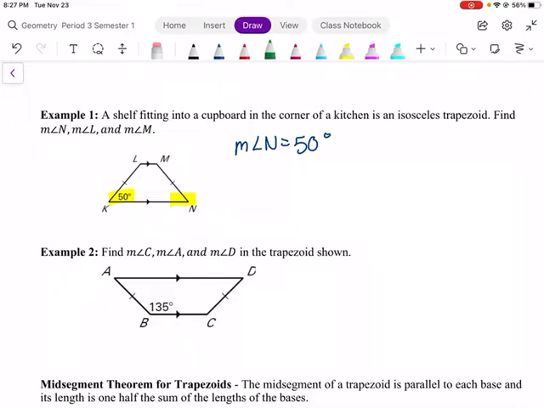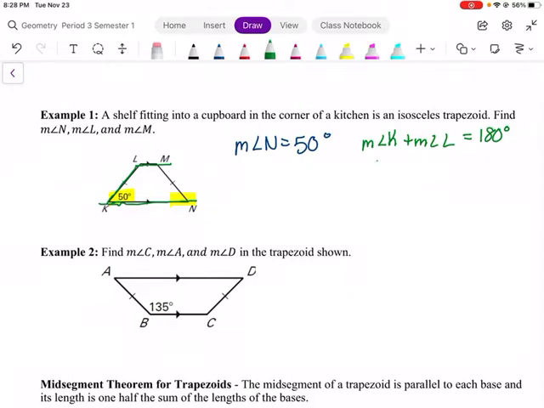And because this is a trapezoid and we have this one pair of parallel lines, we know that these same side interior angles are going to be supplementary, which tells us the measure of angle K plus the measure of angle L is going to be equal to 180 degrees.